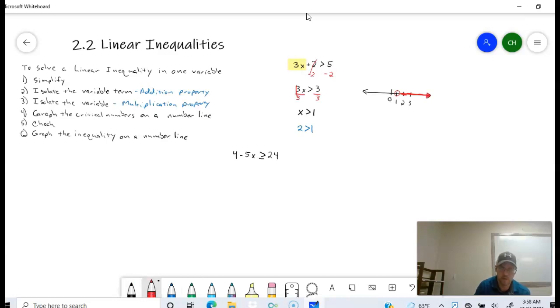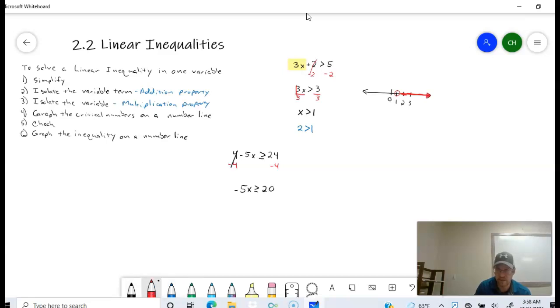Alright, first step, simplify both sides. I'm done, nothing I can do. Second step, isolate variable term using addition property. So in other words, get rid of this constant. Subtract 4 from both sides. I get cancellation there. Negative 5x is greater than or equal to 20.